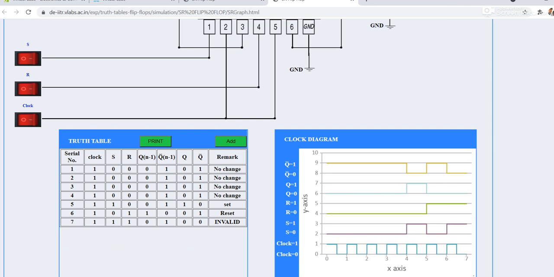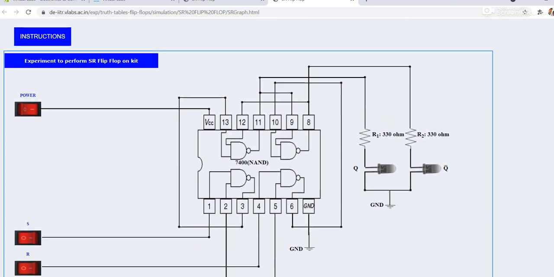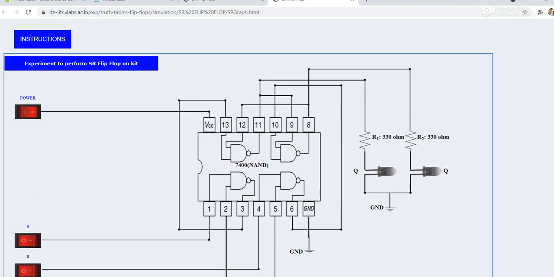So a quick revision regarding the SR flip-flop. We all know that we have 4 input combinations: 0 0, 0 1, 1 0, 1 1. For the 0 0 condition, for clock equal to 1, we will not get any output change, which means the state is no change.